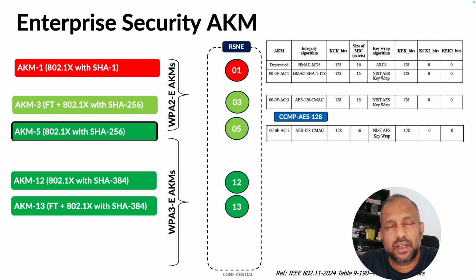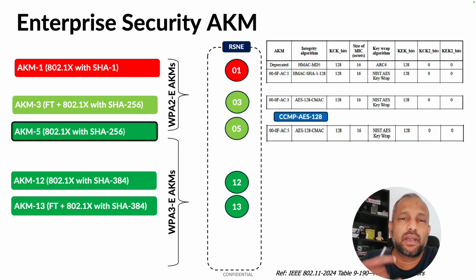AKM value 13 exists with fast transition support, but it is not certified by the Wi-Fi Alliance. So whenever you implement 192-bit mode, it is pretty much AKM value 12. There is no fast transition support there, because AKM 13 has not been certified or tested from the client devices' point of view.